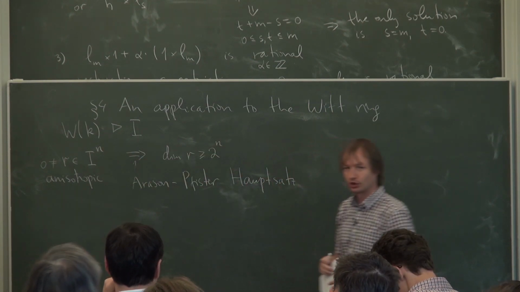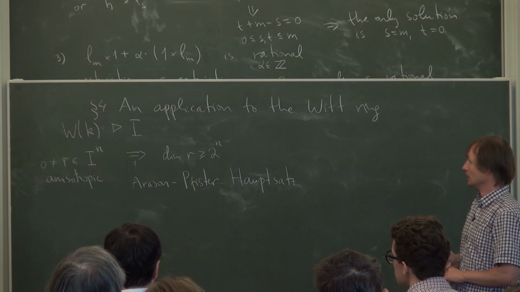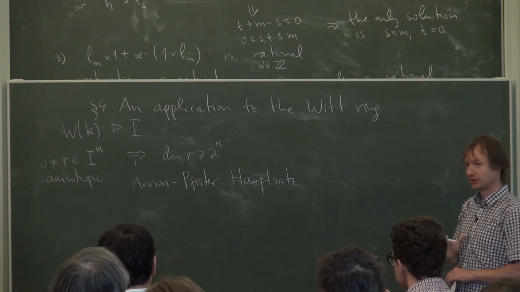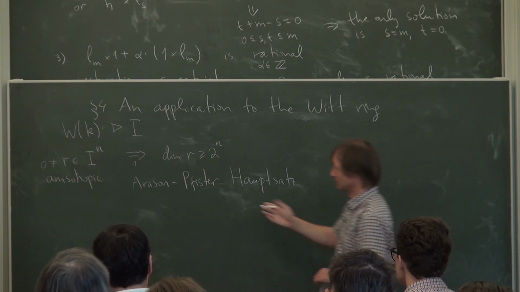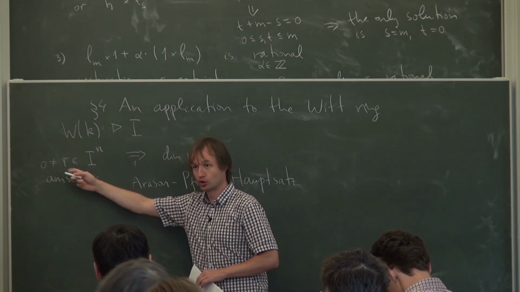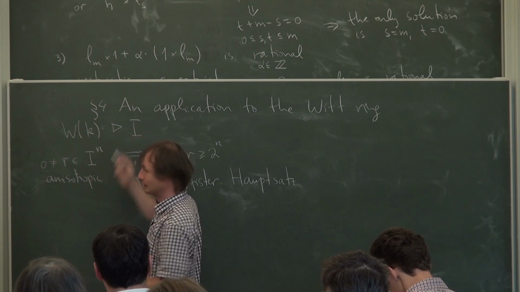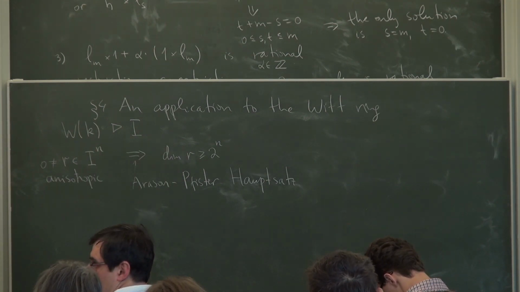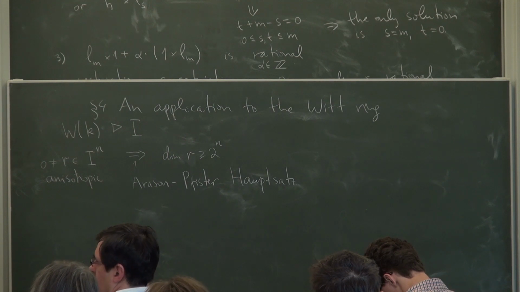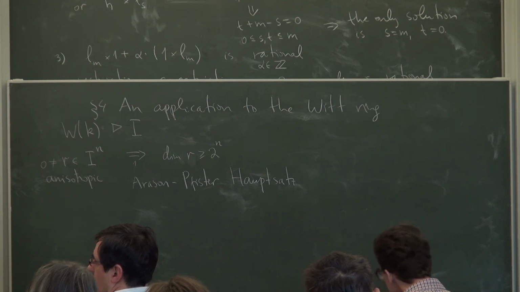So there is a restriction from below. If n is 3, it means at least 8. Also, of course, they all should be even dimensional because I consists of even dimensional quadratic forms. But then one asks, is any other number possible? Well, over suitable fields. And the answer is no.